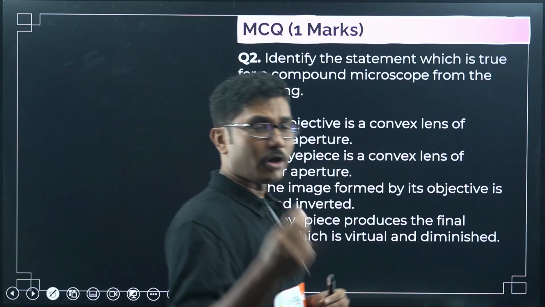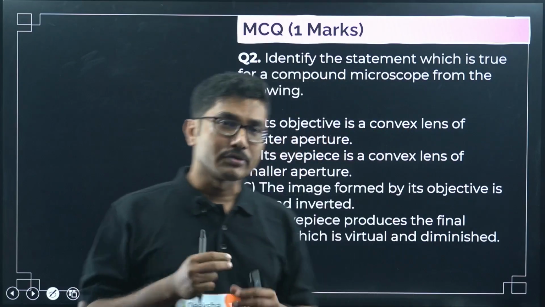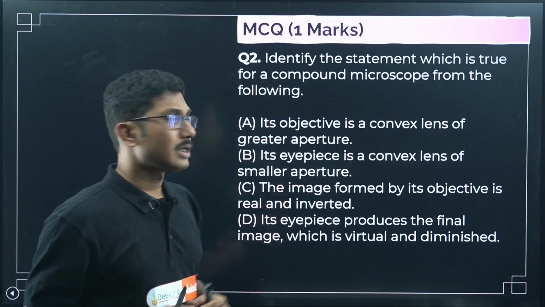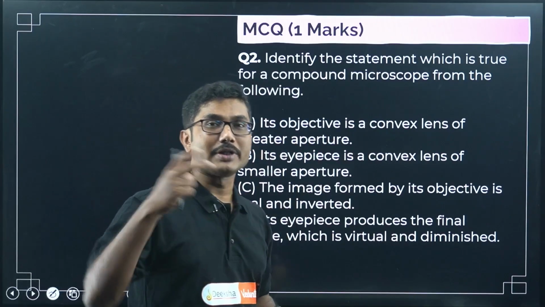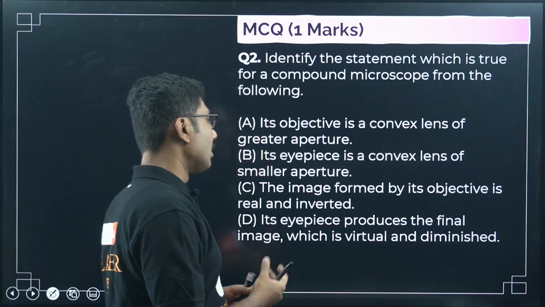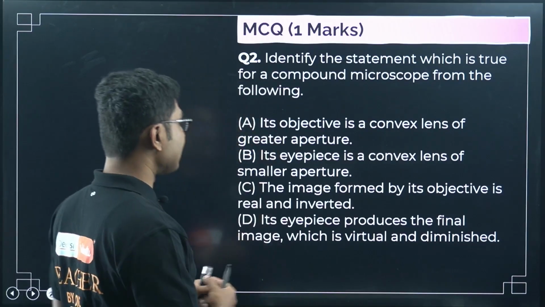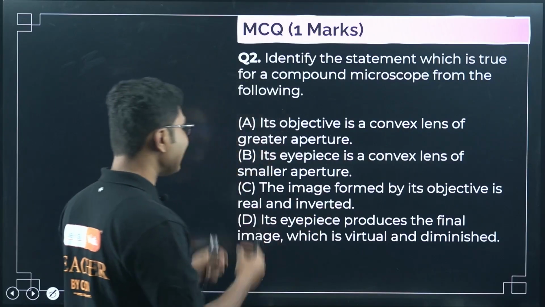Objective is smaller because we are observing very small objects using a microscope. The eyepiece will have a greater aperture because it is doing the final magnification, so the more the aperture, the more magnification is possible. The image formed by the objective is real and inverted.